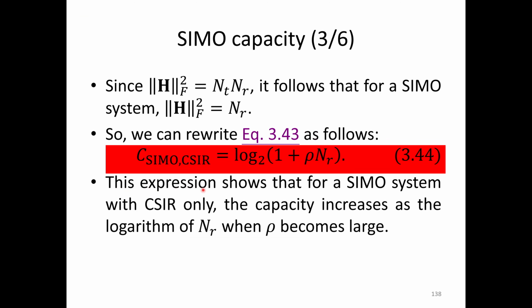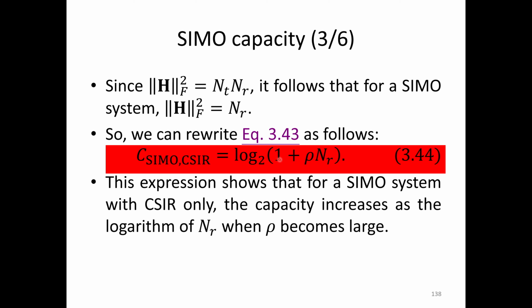This expression shows that for a SIMO system with CSIR only, the capacity increases as the logarithm of NR when rho becomes large. Why? Because when rho becomes large, rho NR also becomes large, and we can assume that rho NR is much larger than 1.